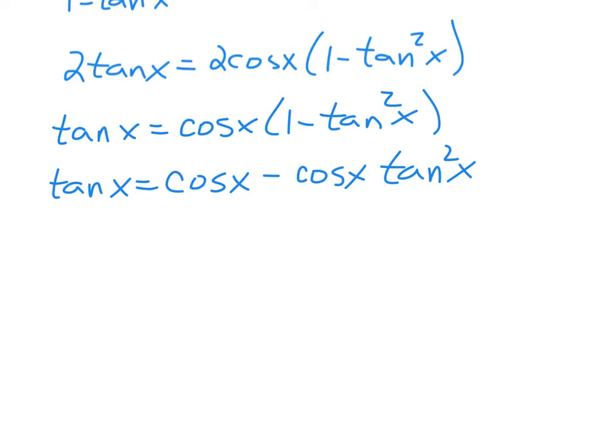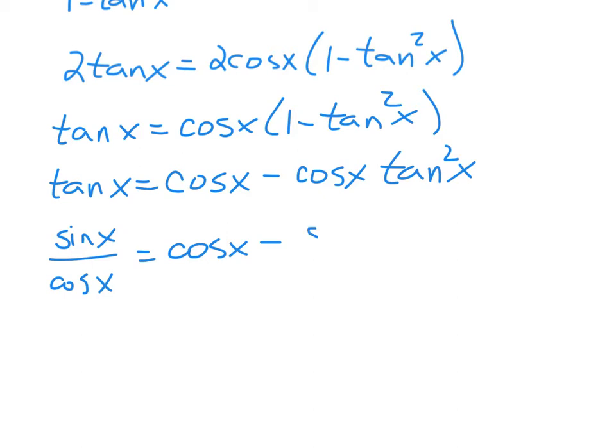This looks a little obnoxious at this point, but do remember that tangent is just sine over cosine. So I'm going to rewrite my tangents as sine over cosine. And so tangent squared is sine squared over cosine squared.